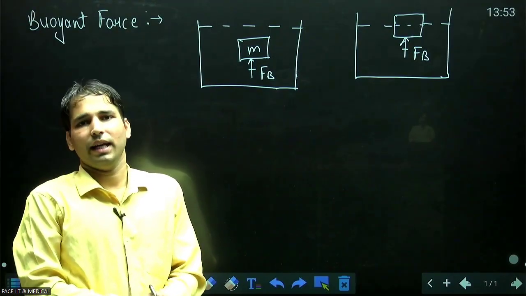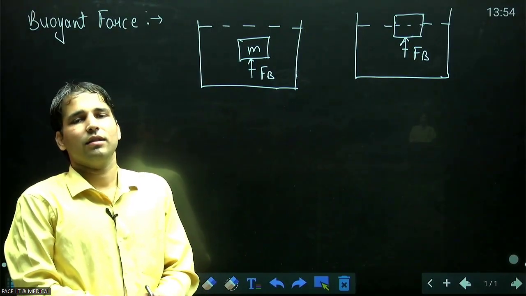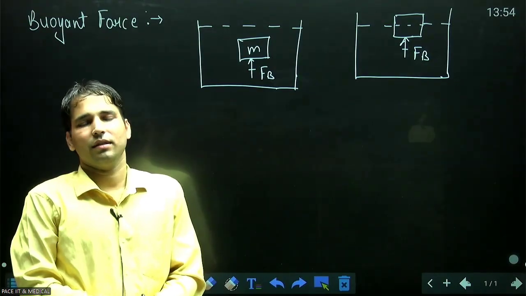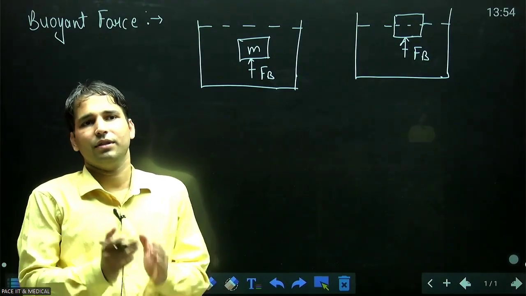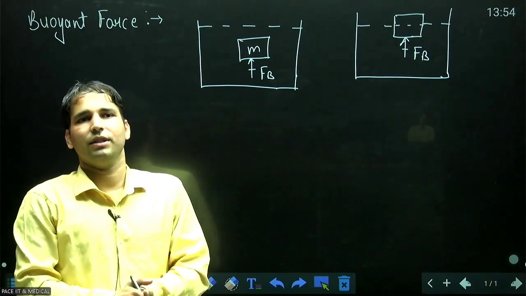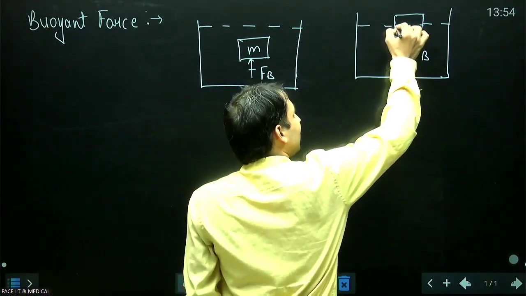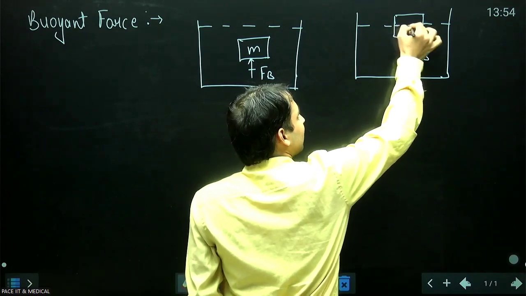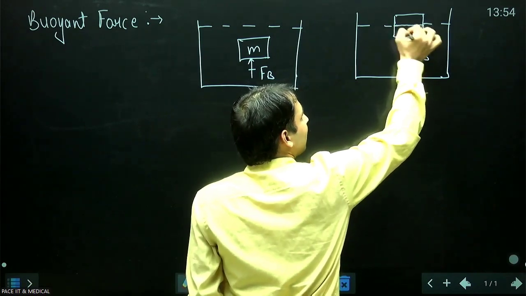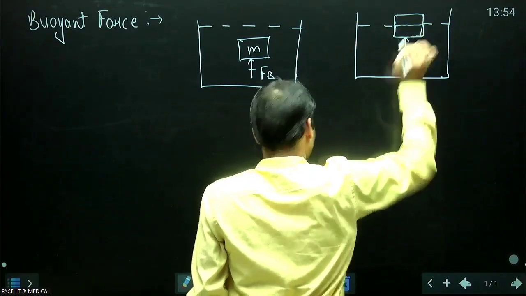This buoyant force acts on the center of mass of the portion of the body which is immersed, which is inside, right? For example, in this case, only this much of the portion is inside liquid.